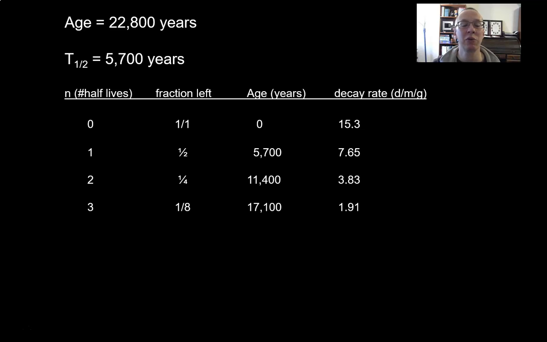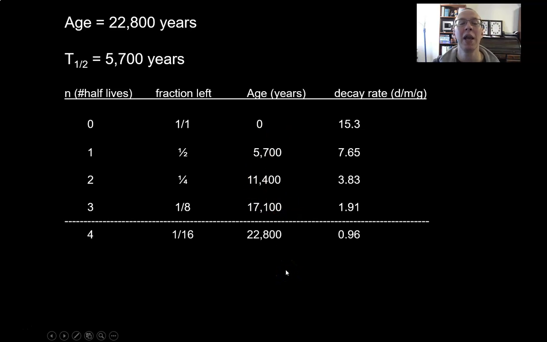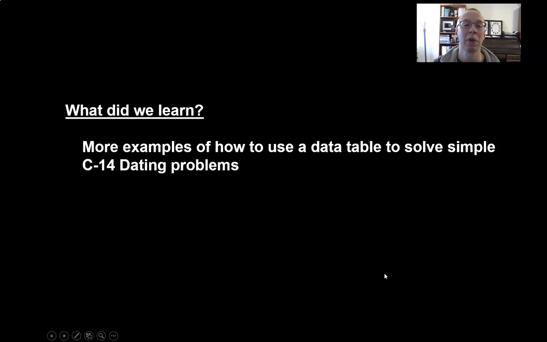We're still not at 22,800 years, so we're going to have to add 5,700 years to that. Now we get our 22,800 years. That tells us that we have 1/16 of our original carbon-14 left, and we're down to a decay per minute per gram of 0.96.